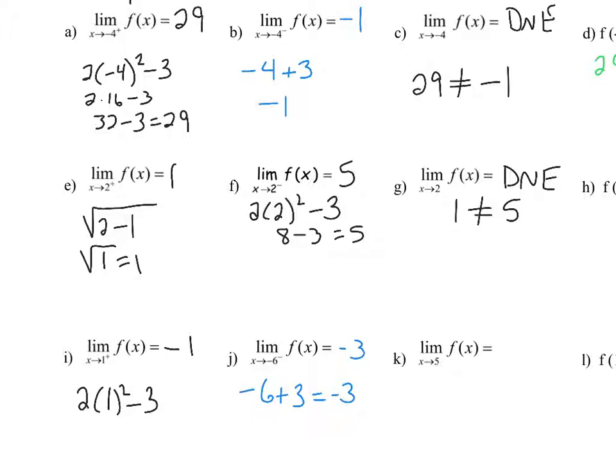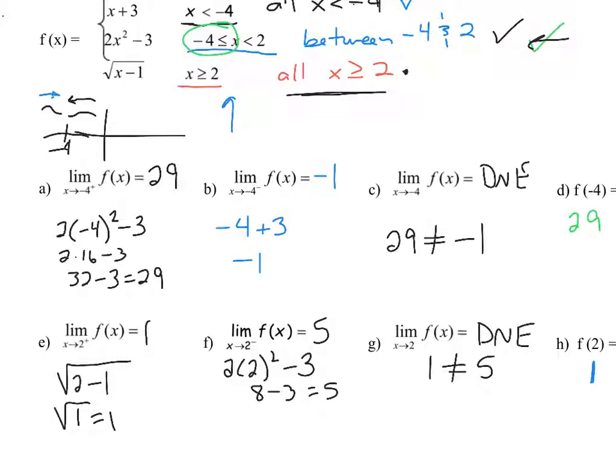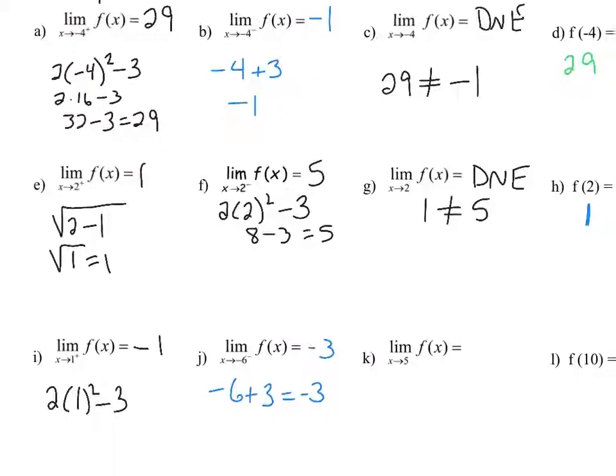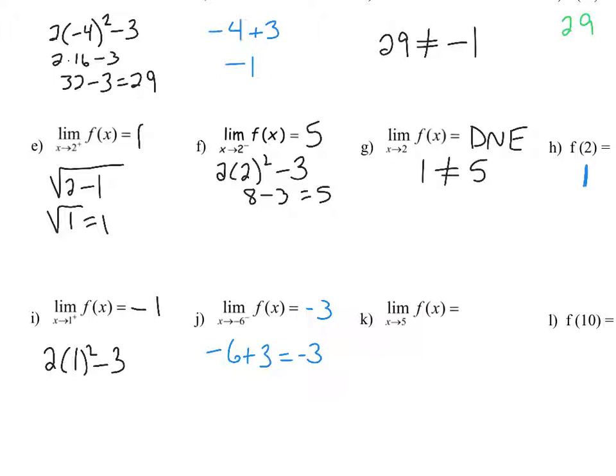So if it's not a breaking point in a piecewise function, then you're really just plugging values in. 5 is obviously bigger than 2, so that's going to be this last part here, square root of x minus 1. So this is going to be the square root of 5 minus 1. Well, 5 minus 1 is 4, so the square root of 4 is 2. So the limit at 5 is 2.